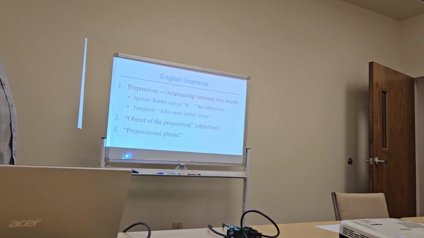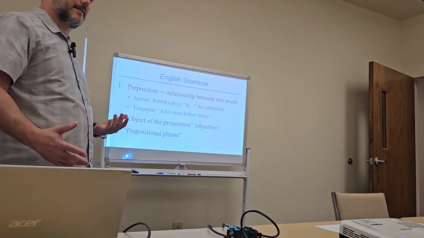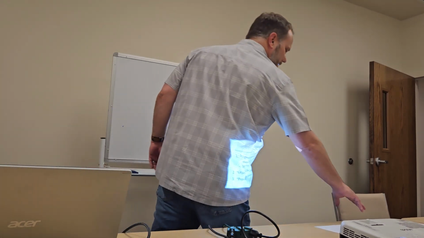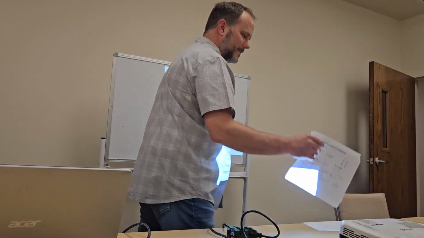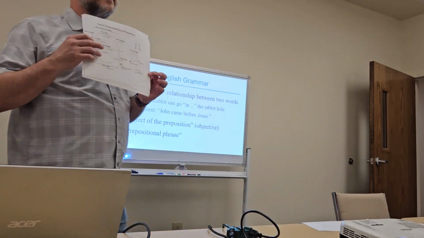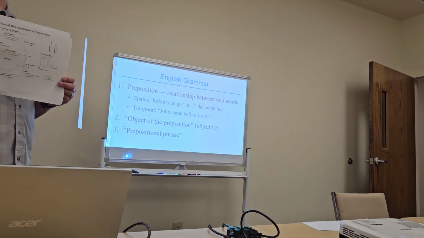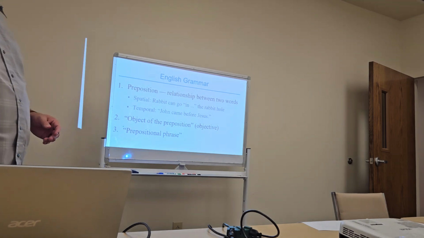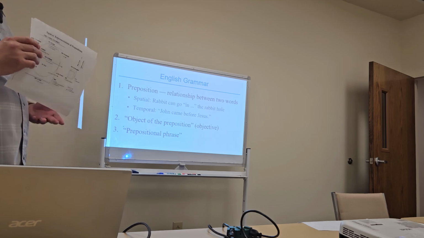Here, John became before Jesus. In fact, this is something I want to hand out to you all, a very handy dandy preposition chart that you all are going to want to paste on your desk wall. Yeah, you have it on your chart there, but this is a little bit bigger, so it's a little bit more handy.